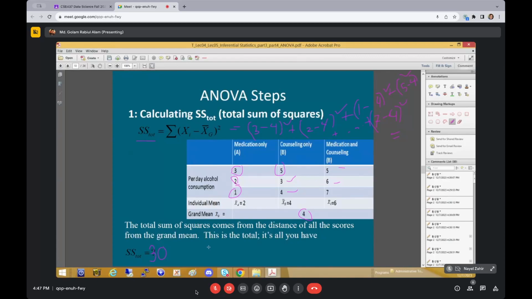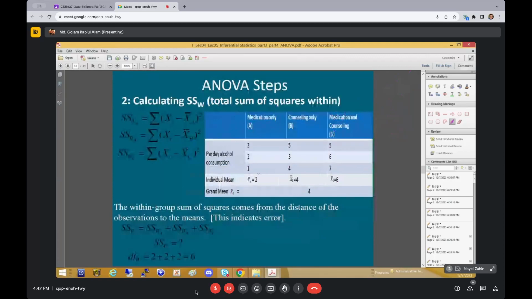And then step number 2, you have to calculate the total sum of squares within. So for the sum of squares within, we have the medication only method. Within this we have to perform the sum of squares. So in this case you can see xi minus x a squared. So for the SSW1, it is 3 minus the average. The average is 2.